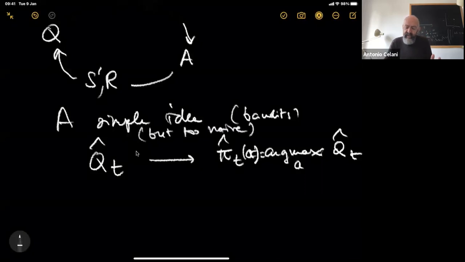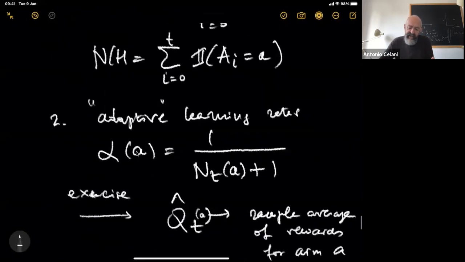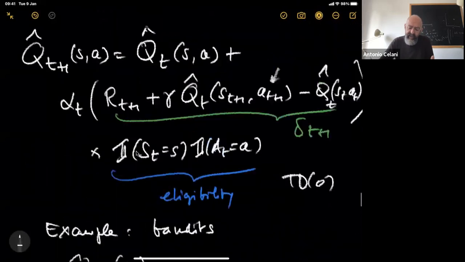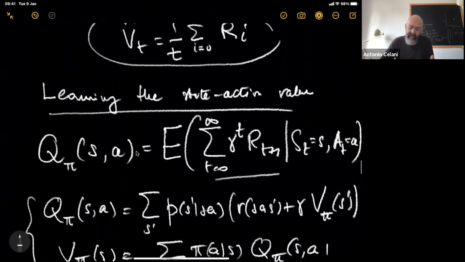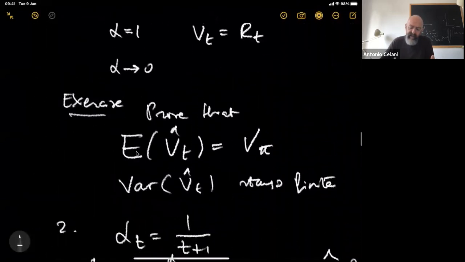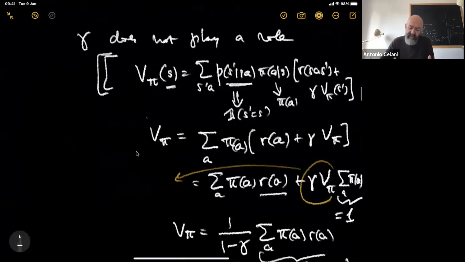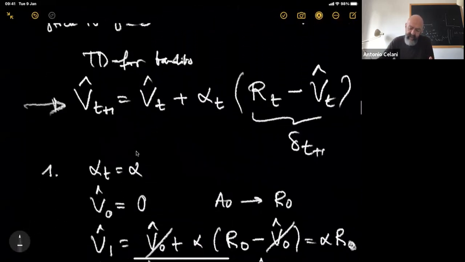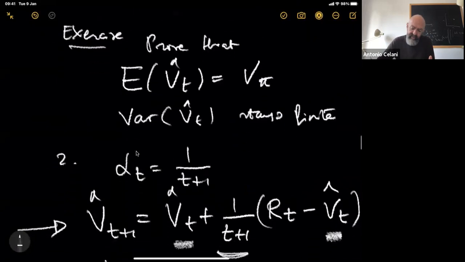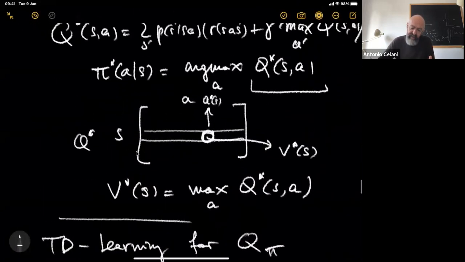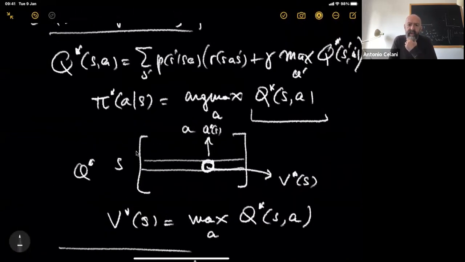So where does this idea come from? Well, it just comes from the Bellman's equation. That's what the Bellman's equation tells you. If you have your Q star, then you have your optimal policy just by picking the maximum. But the point is, can you trust your current approximation?